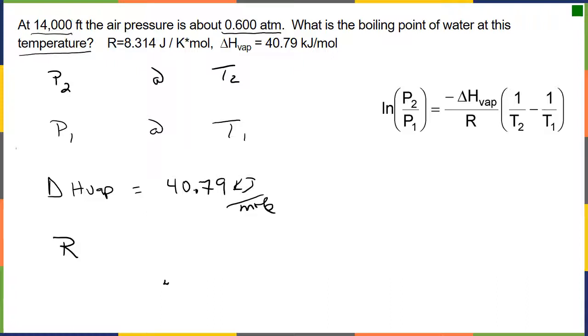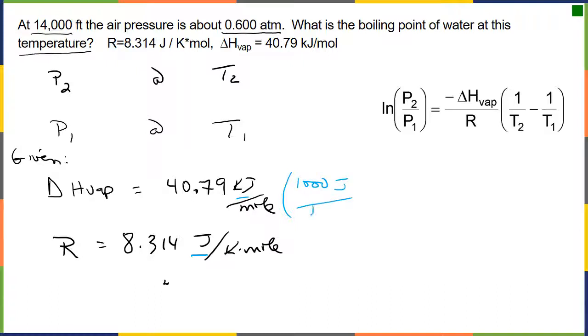This is going to be given. We realize that R is 8.314 joules per mole Kelvin. Since this value is in joules and this one is in kilojoules, we're going to have to convert. I'm going to convert this one by multiplying by 1,000 joules per kilojoule, and I'm going to have 40790 joules per mole.